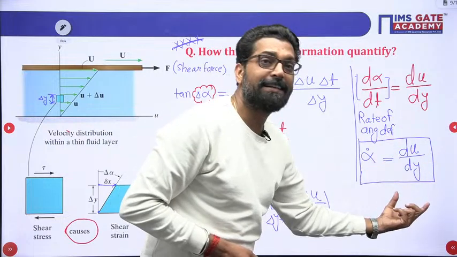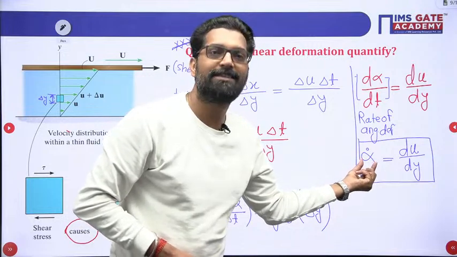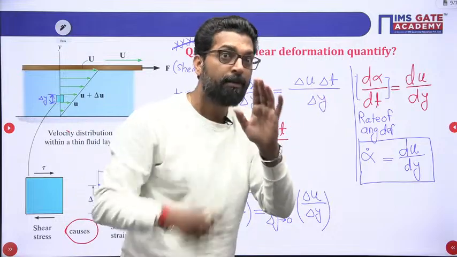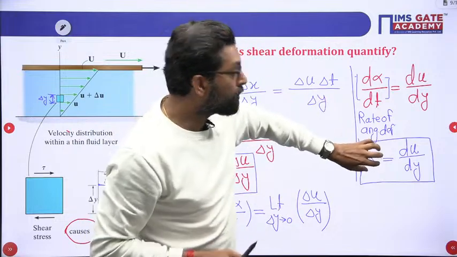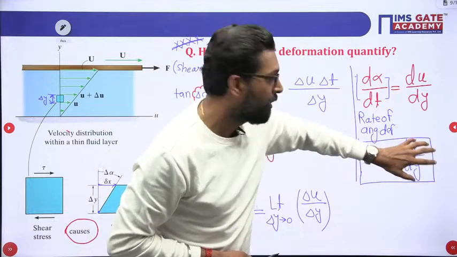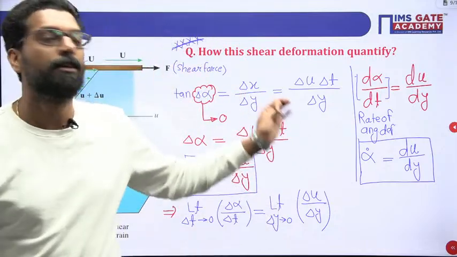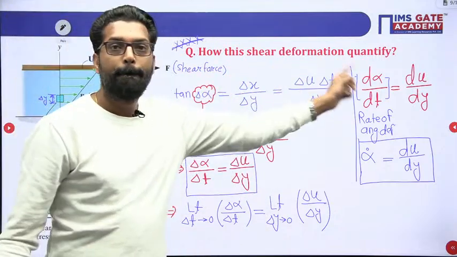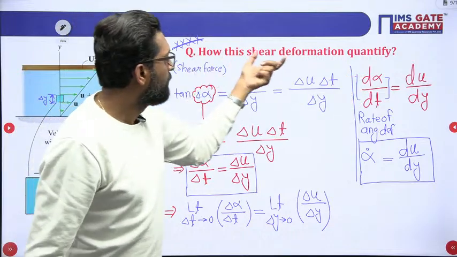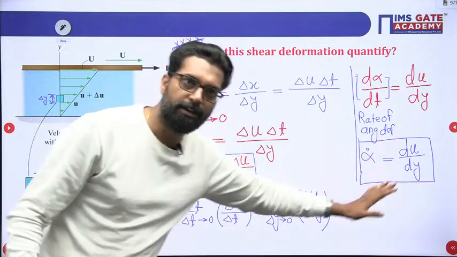That differentiation, that slope, gives directly your angular strain. Not angular strain, but the rate of angular strain. So this you cannot measure, but this you can measure, and that is equal to the rate of angular deformation. This is the beauty of this quantification: how to measure the rate of angular deformation.